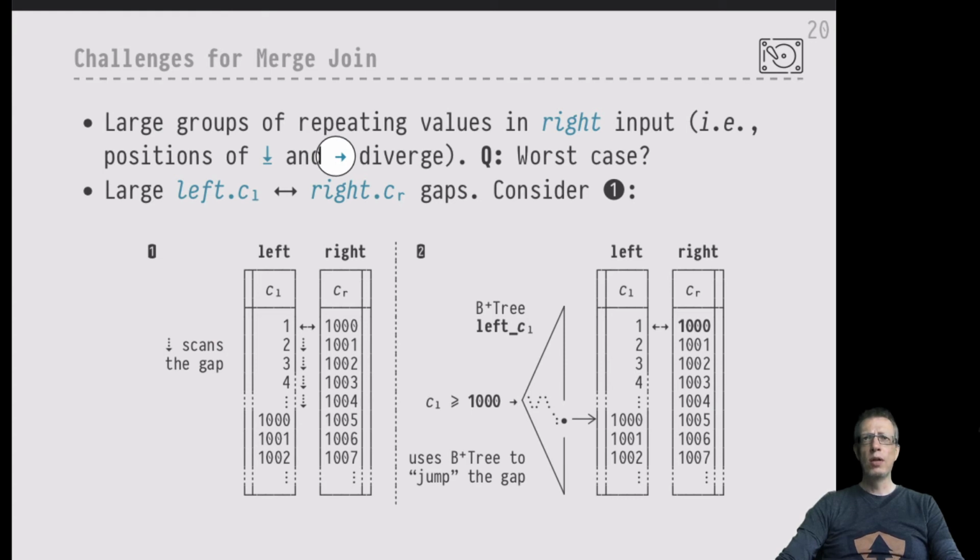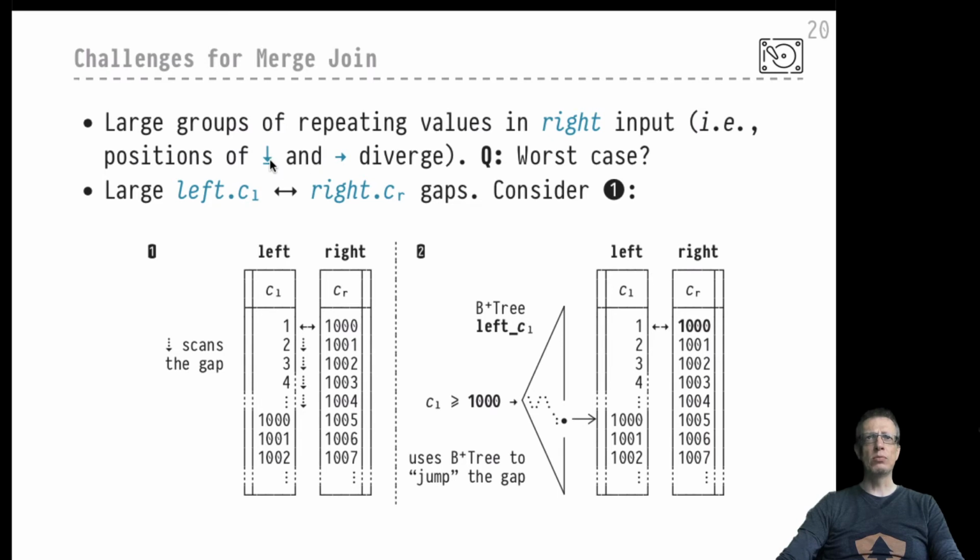And recall that we need to keep all the rows of the right-hand side to be ready for a rescan, that is, a resetting of the right-hand side input pointer to the marker. Right, so such large groups of repeating values can lead to very high memory requirements regarding all the rows that need to be buffered for rescanning in the right-hand side input. So that can indeed be a challenge for merge join.